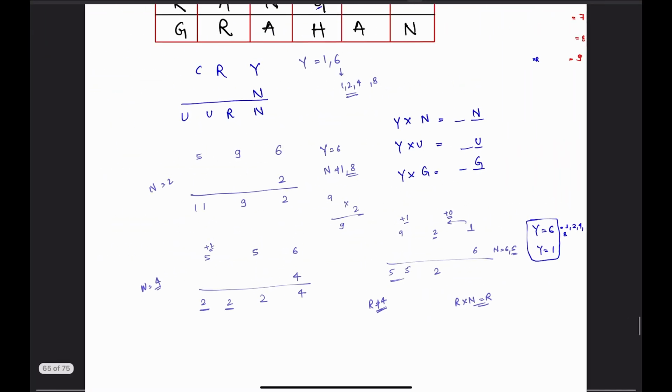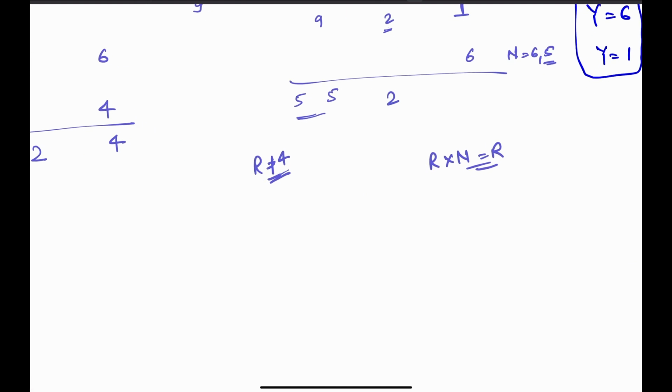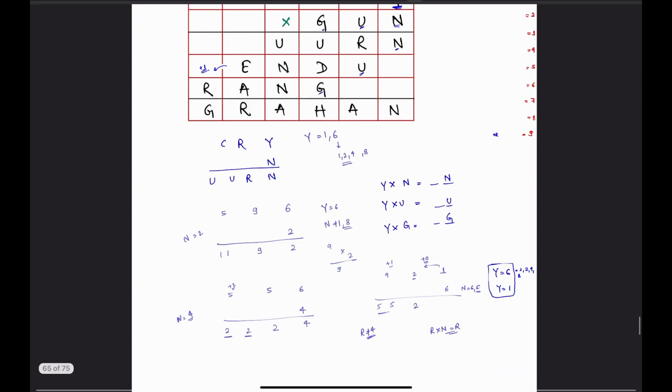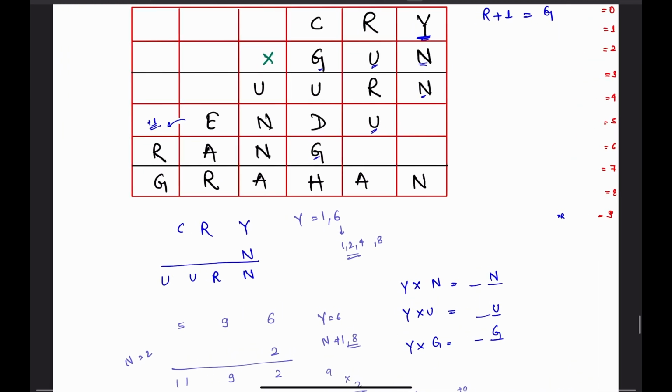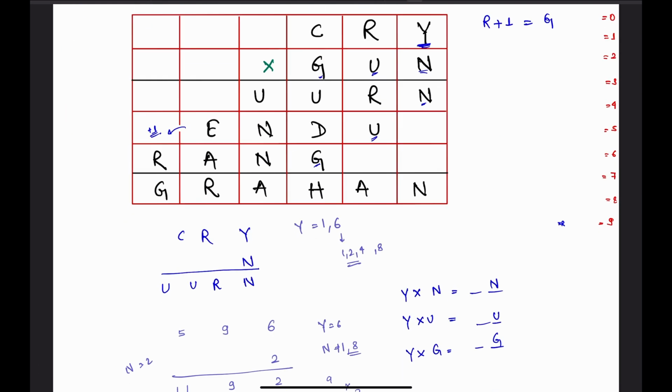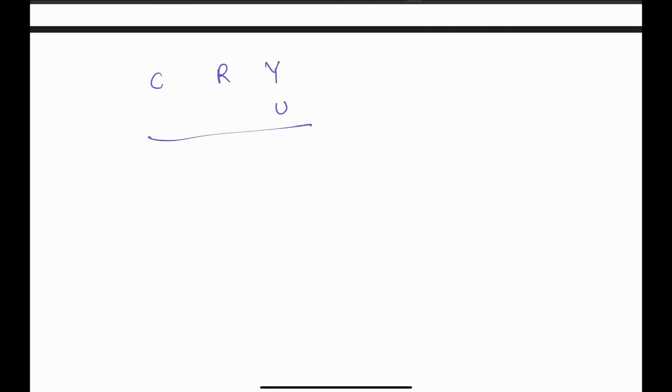But again, too many cases are coming up. Then again 5 also will be coming. Yeah, so let's not think about it more. Let's take some other values. CRY into U, when this is multiplied, what am I getting? E N D U. Of course Y could be anything.